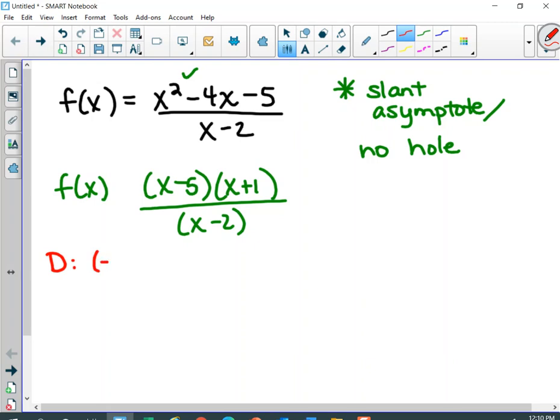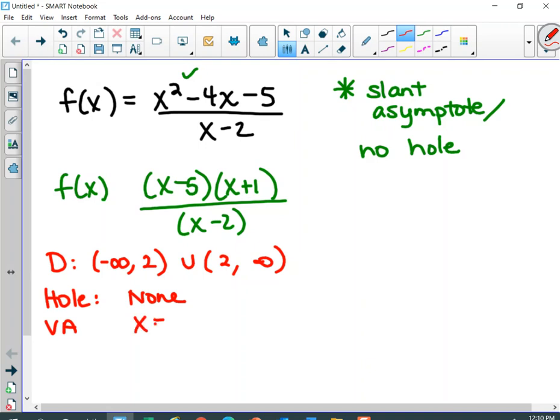Okay. Domain, negative infinity to 2, 2 to infinity. Hole, none. Vertical asymptote, x equals 2. Horizontal asymptote, none.